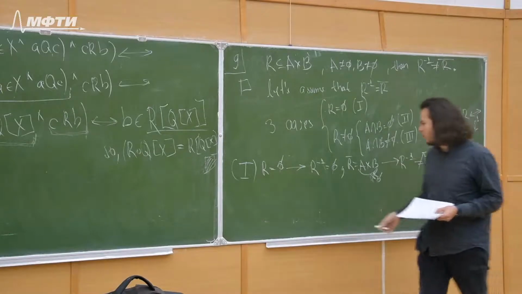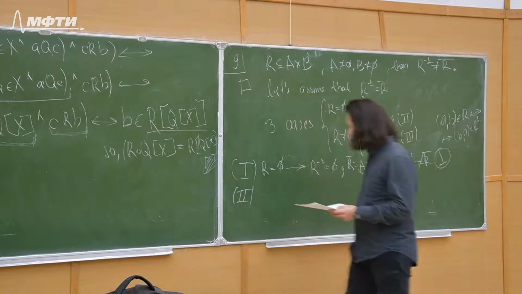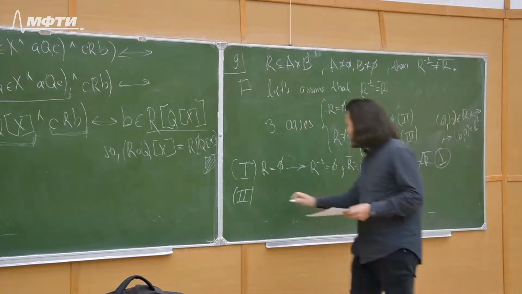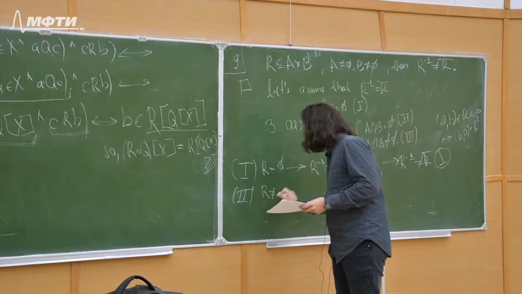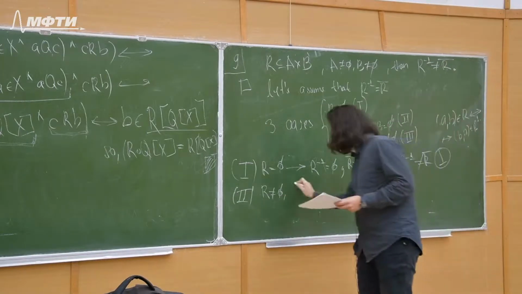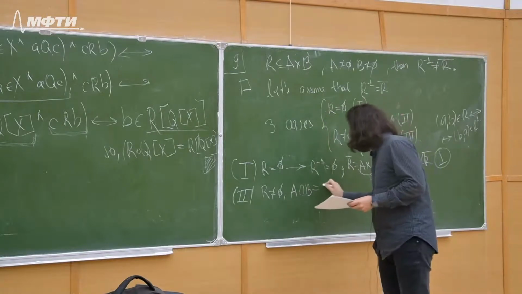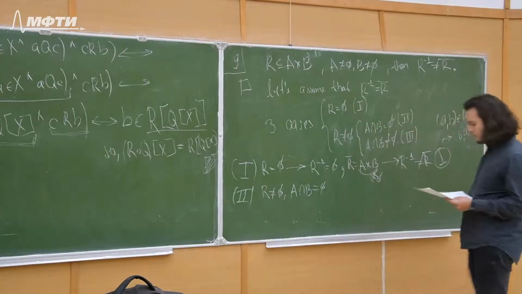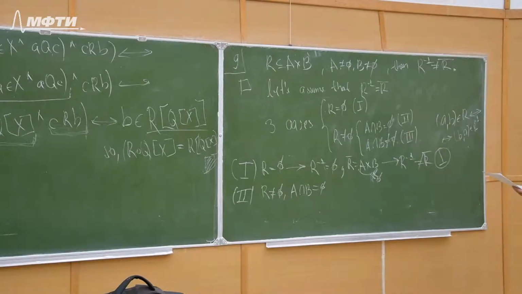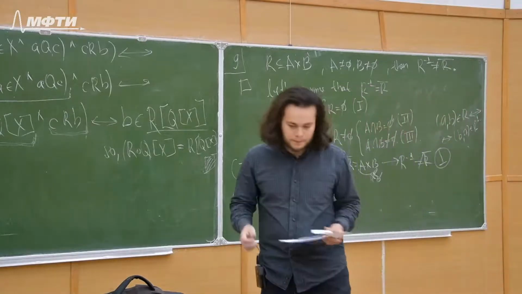Now for case 2, we have that R is non-empty, and let's take that the intersection of A and B is empty.